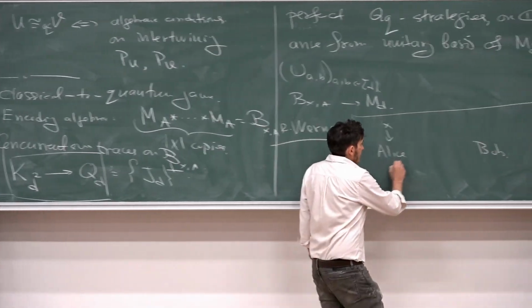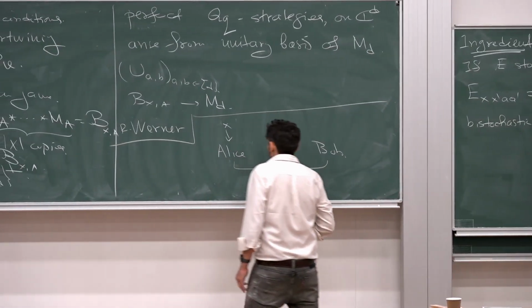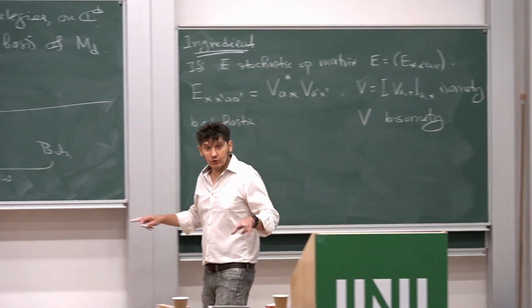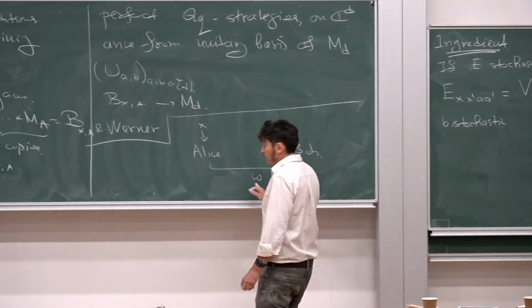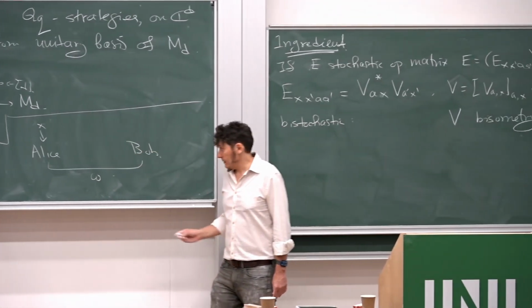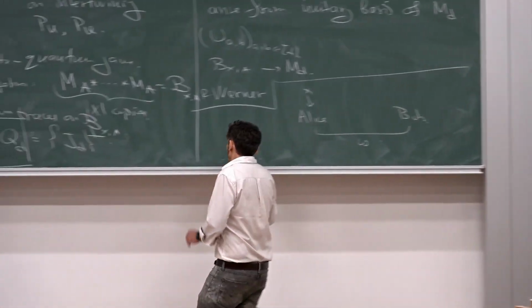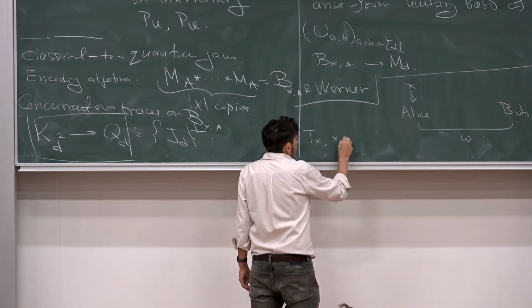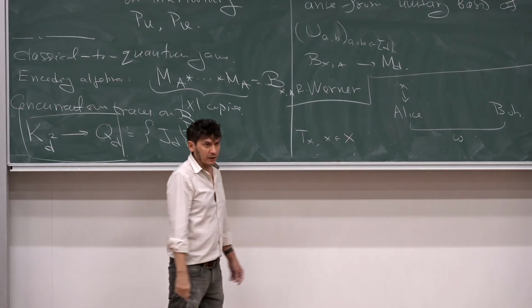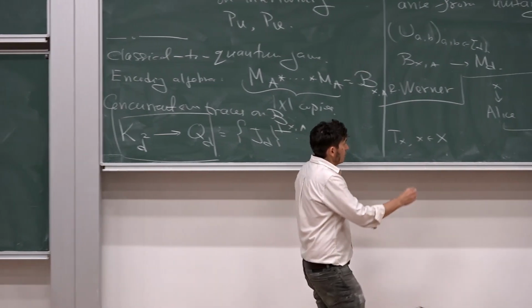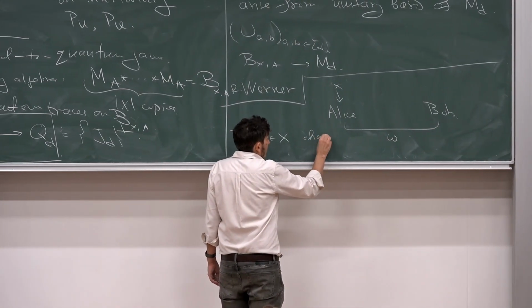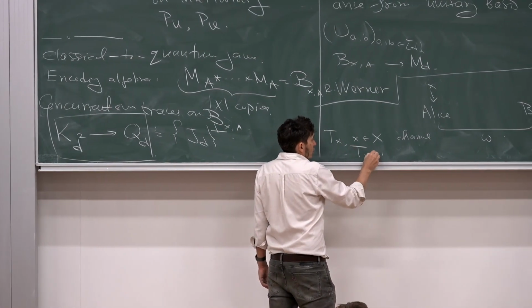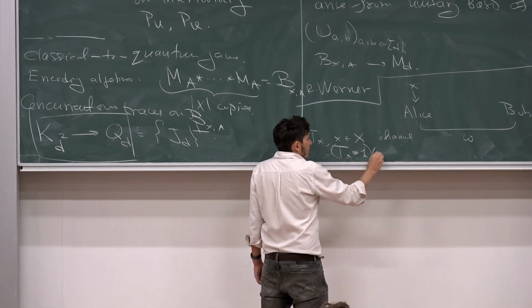They share a certain entangled state, omega. Alice has a choice of quantum channels to apply on her part of the entangled state. So she has T_x, where x is in the message pool. This is a quantum channel that, given the message x, she applies to her part of the state.